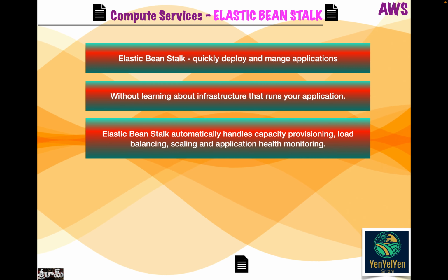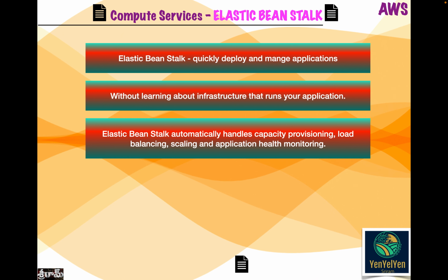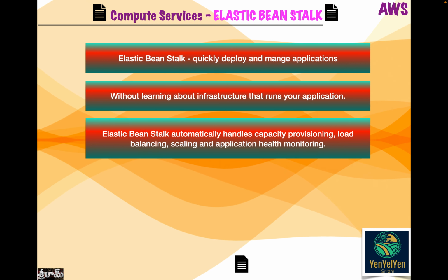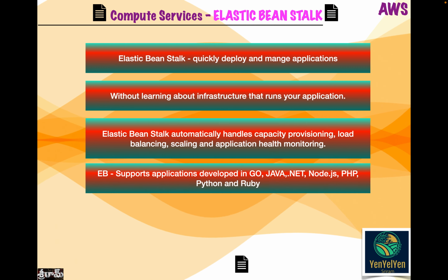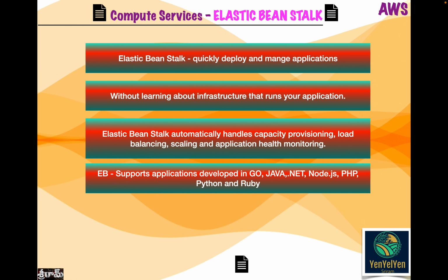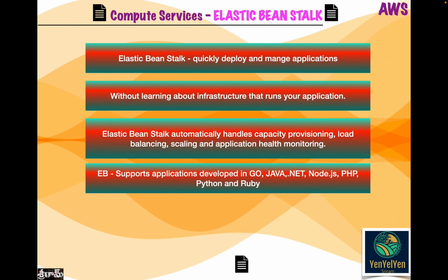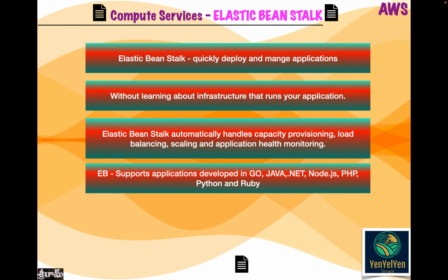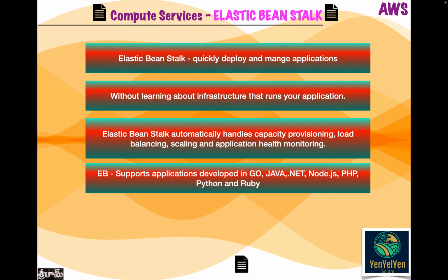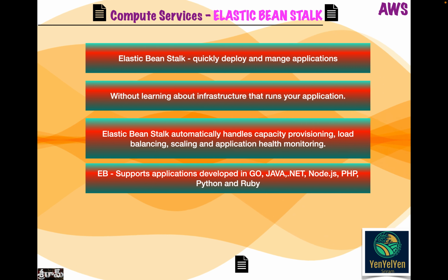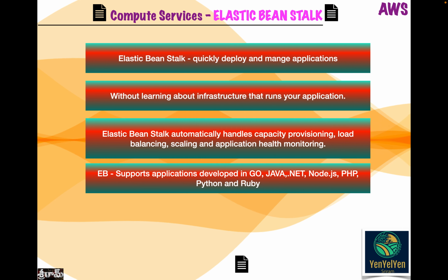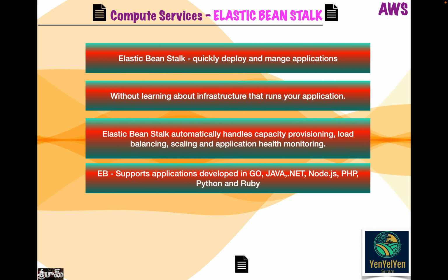You simply upload your application and Elastic Beanstalk automatically handles the capacity provisioning, load balancing, scaling, and application health monitoring. Elastic Beanstalk supports applications developed in languages Go, Java, .NET, Node.js, PHP, Python, and Ruby. When you deploy your application, EB builds the selected supported platform version and provisions one or more resources such as EC2 to run your application.